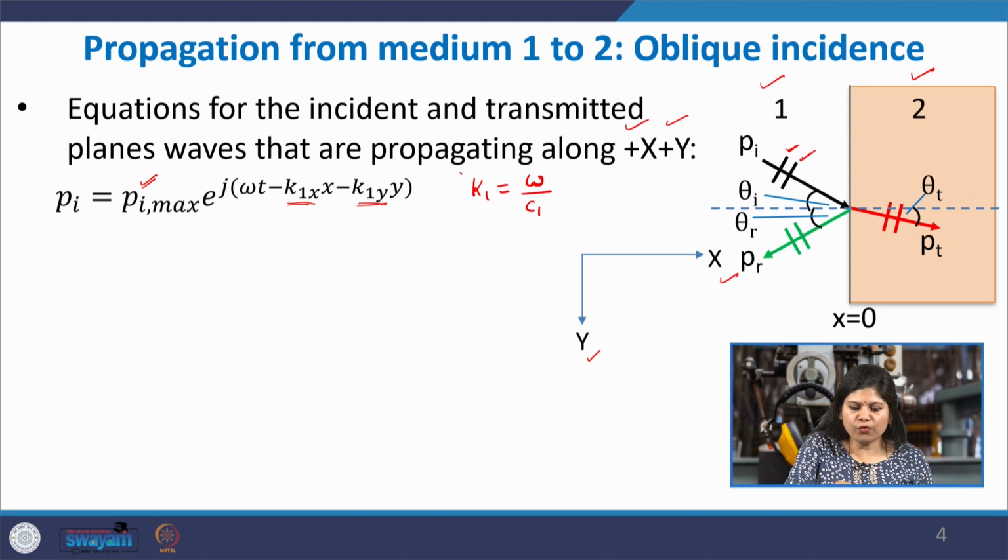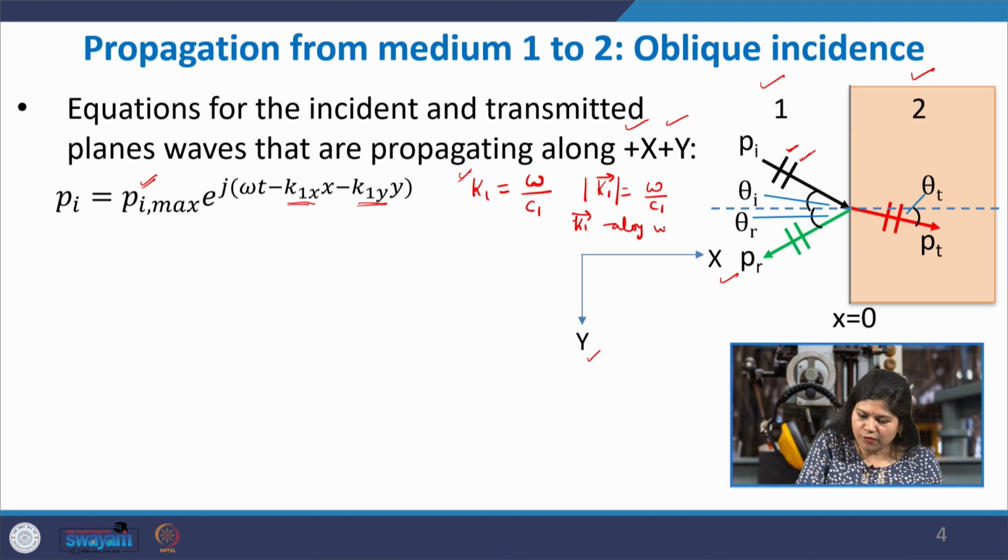So, this is our overall k1 vector, with the magnitude omega by c1, and the k1 vector direction is along the wave propagation direction.